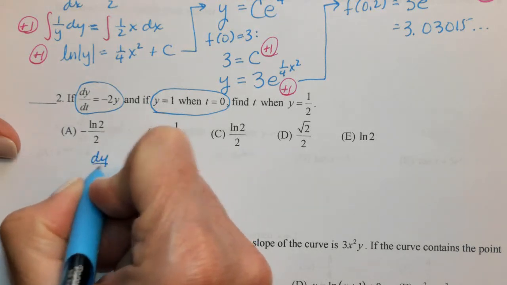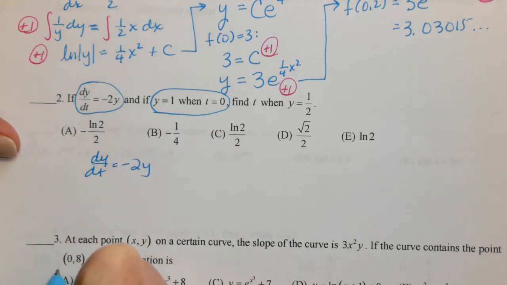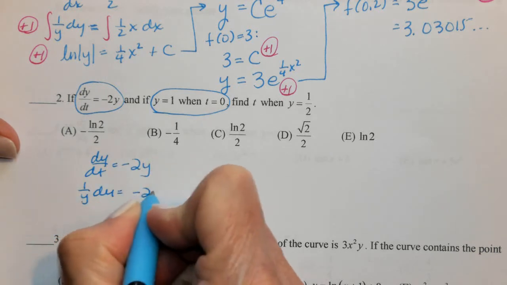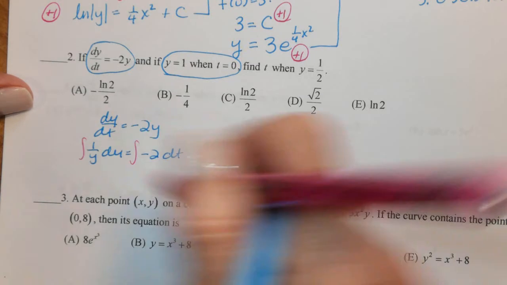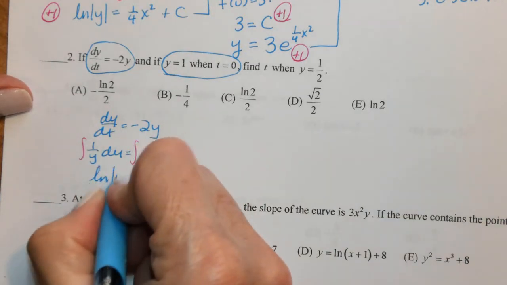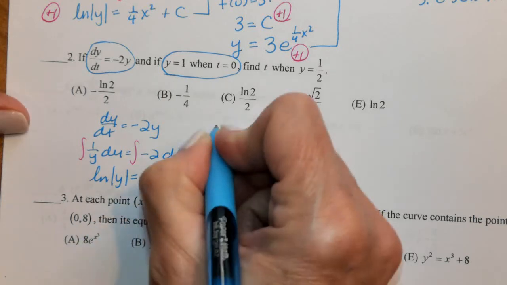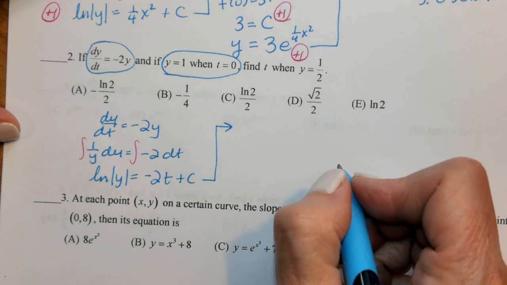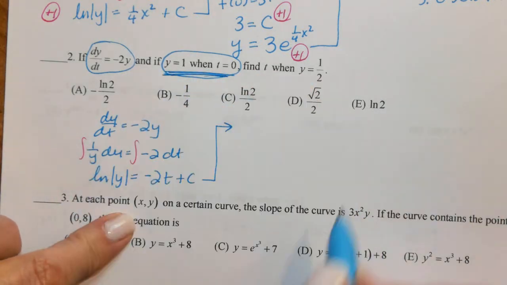So dy dt is negative 2y. Separate and integrate. 1 over y dy is equal to negative 2 dt. Integrate. Natural log absolute value y is equal to negative 2t plus c. Okay. Now, when y is 1, t is 0.